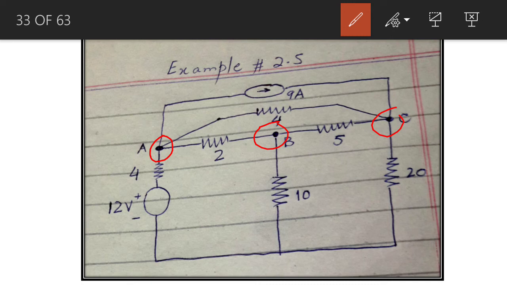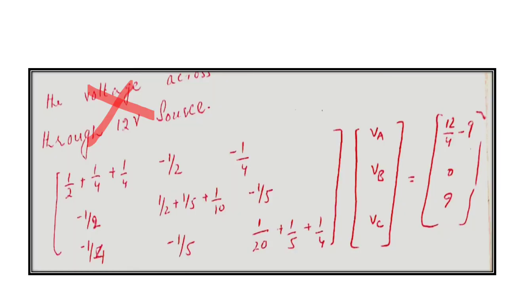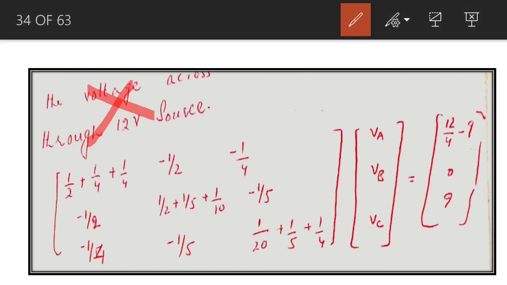So let us consider the standard node equations in the matrices format. Here is G11, G12, G13, G21, G22, G23, G31, G32, and G33.